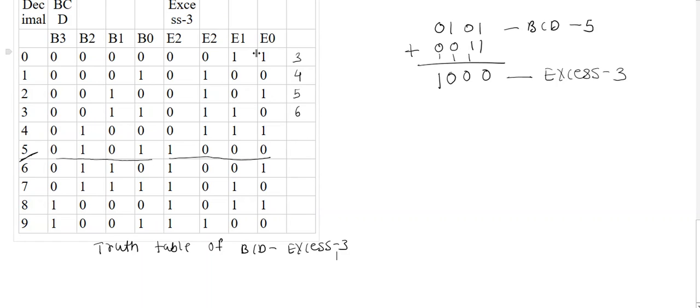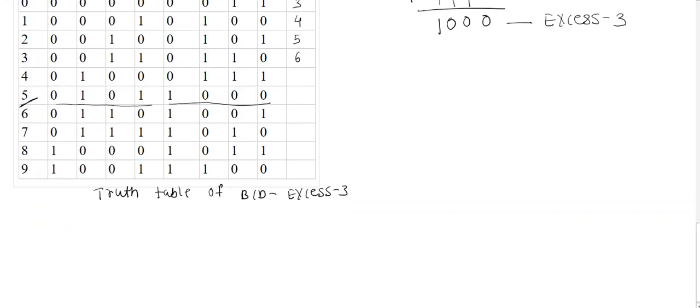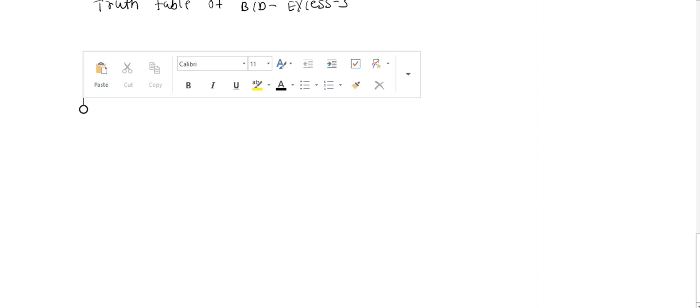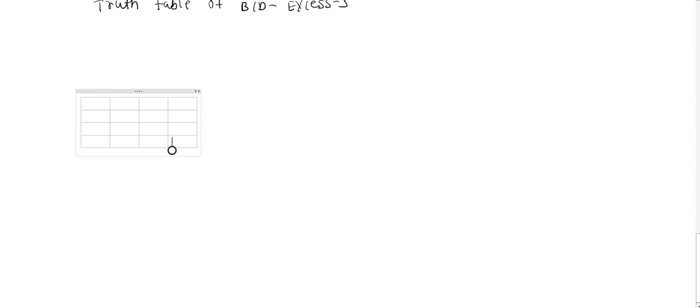My inputs are B0, B1, B2 and B3, and after applying the XS3 code conversion technique, my outputs are E0, E1, E2 and E3. So for each output variable, I need to construct a K-map. There are 4 outputs, so I have to draw 4 K-maps.